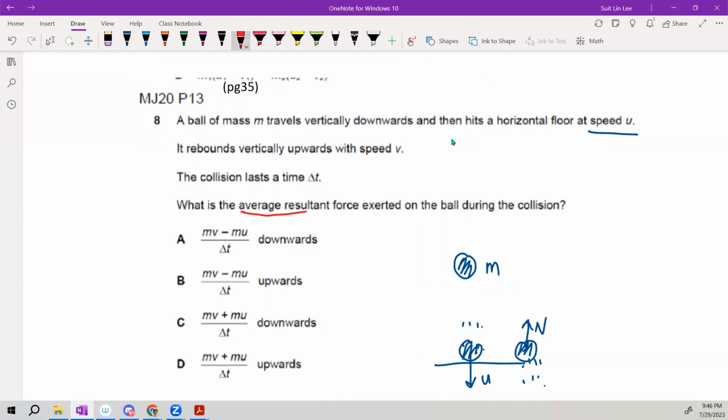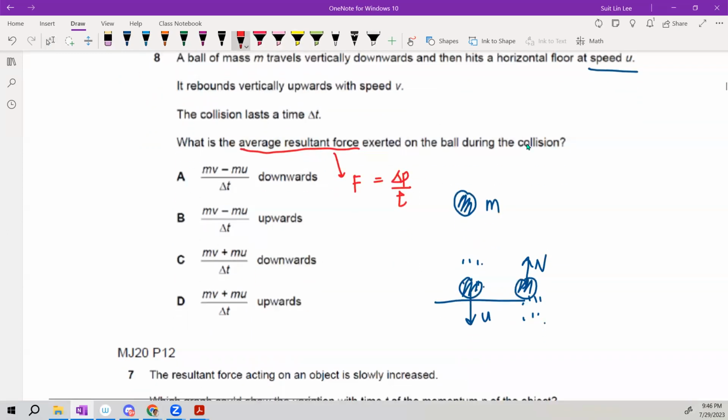What is the average resultant force? So from here, resultant force is change in momentum over time. Since I already drew the picture, it's pretty obvious which one is initial and which one is final. To find the change in momentum, I will always take the final minus the initial. And then it says here the collision lasts for delta t, so I can just put delta t.